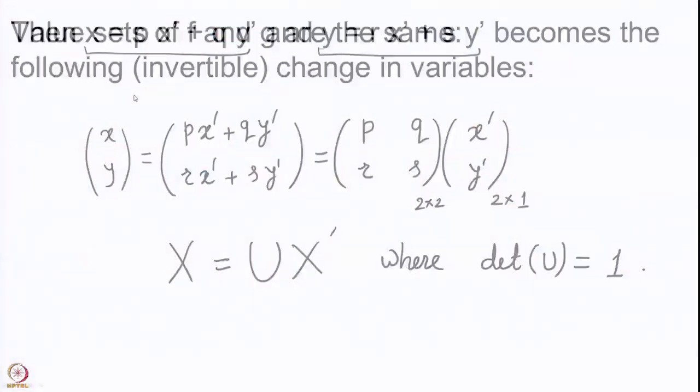So, the matrix of (x, y) has now changed to matrix X prime because of this transformation capital U. So, we initially applied our form f to X. Now we are writing X as U into X prime. So we are going to get a new form, and let us see how that new form looks like.